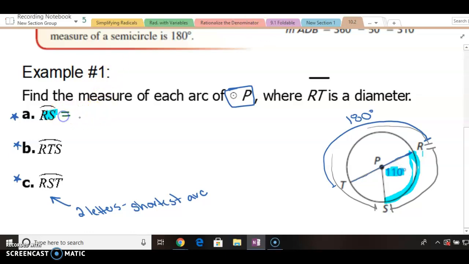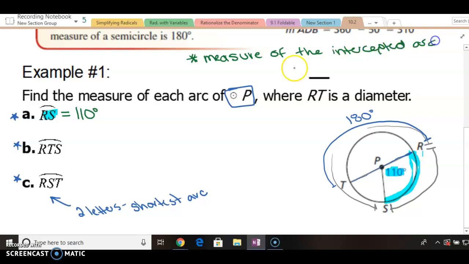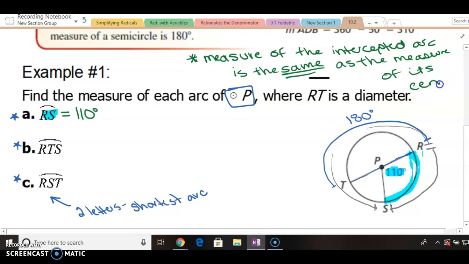So the measure of arc RS is 110 degrees. I'm going to write here: the measure of the intercepted arc is the same as the measure of its central angle.